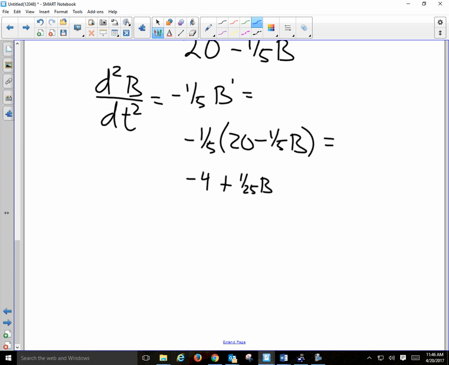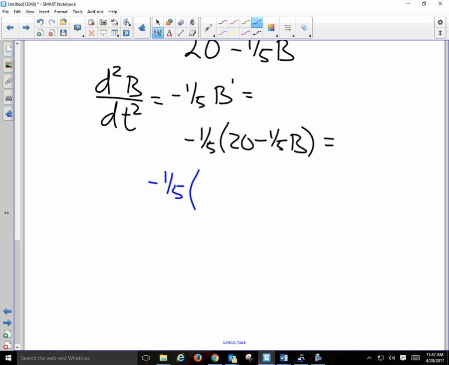So, what I'm going to do is place in here, I said I'm going to multiply through by 5. I'm actually going to factor out a 1/5, okay? If I factor out a 1/5, I have negative 1/5. Think about this.